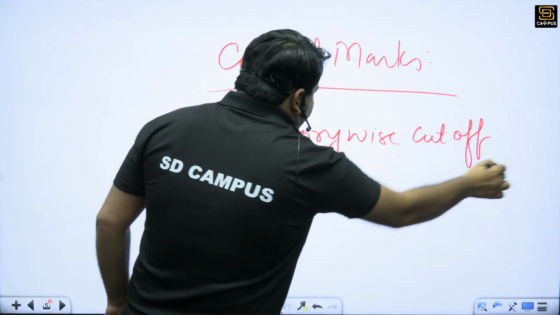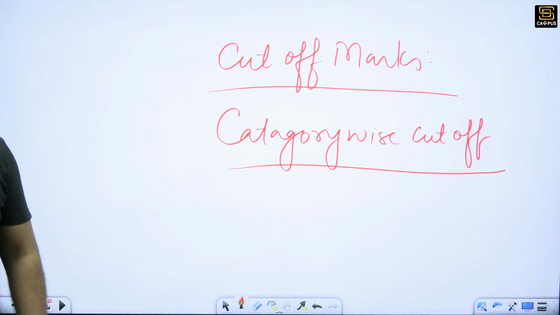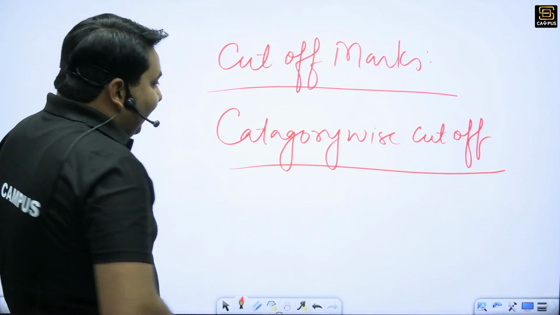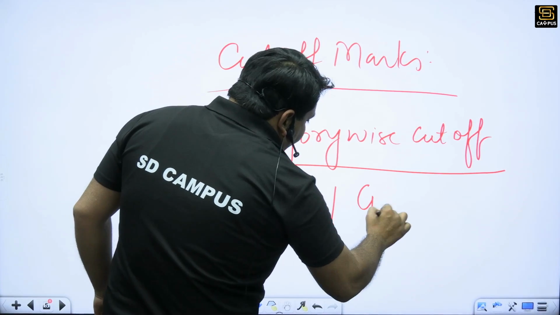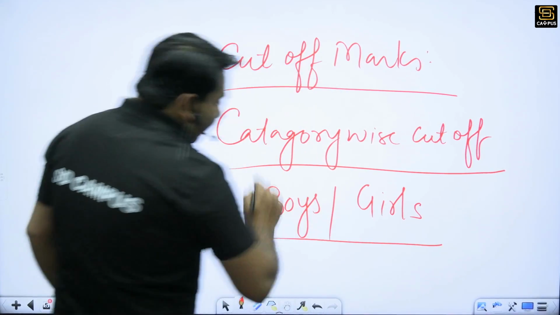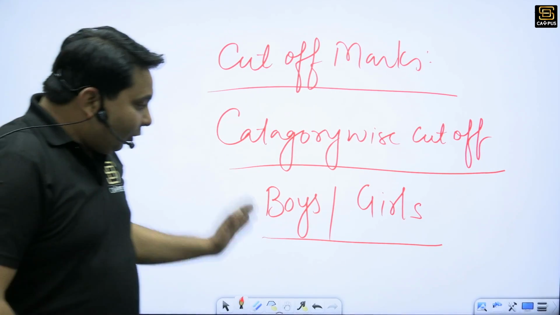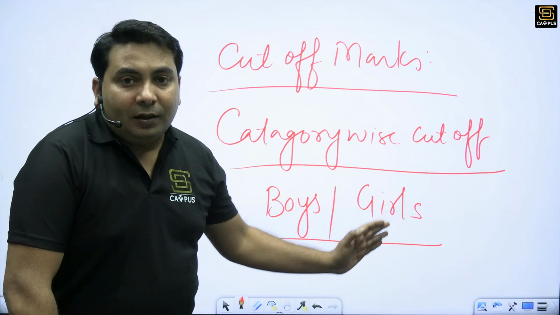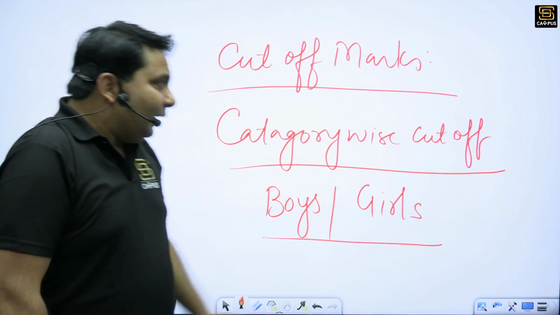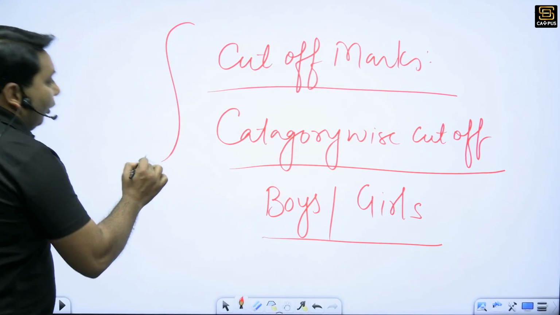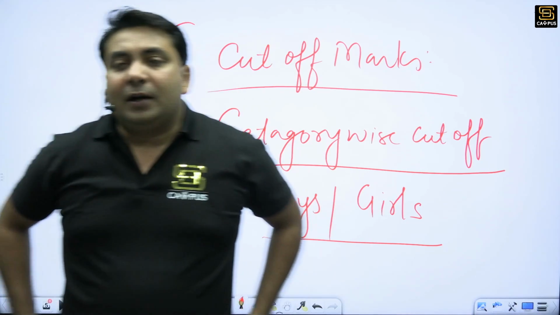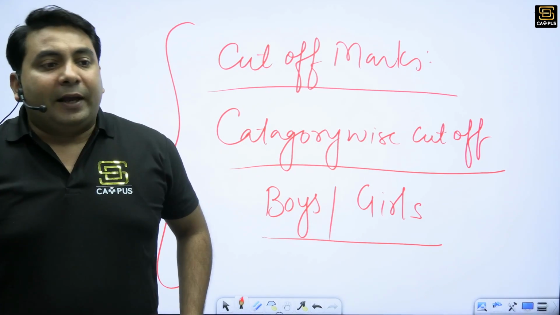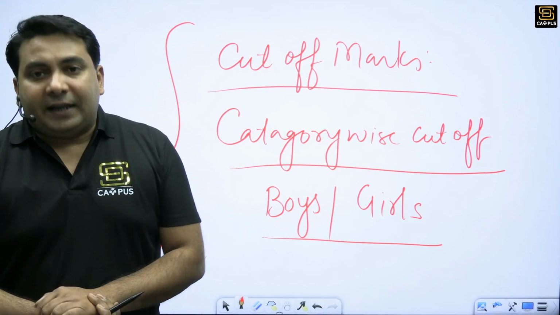And after that, if you cross this hurdle, the next hurdle is the cutoff marks of boys and girls. That means the cutoff marks for boys and for girls are different. So you have to cross all three hurdles and also the minimum passing marks hurdle, then you can be selected in the All India Sainik School exam.